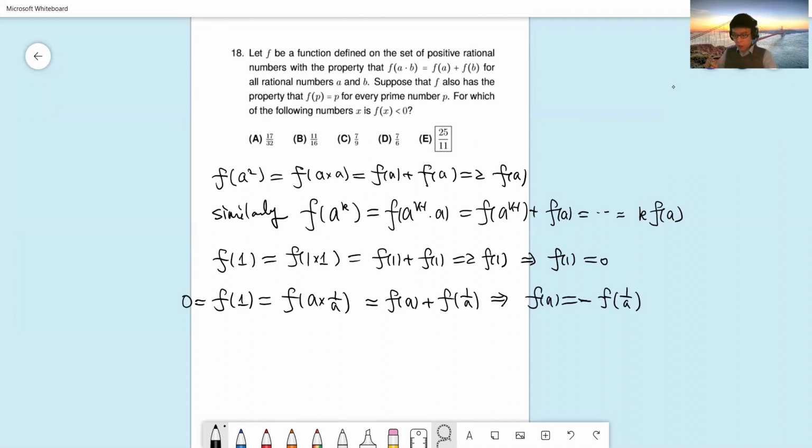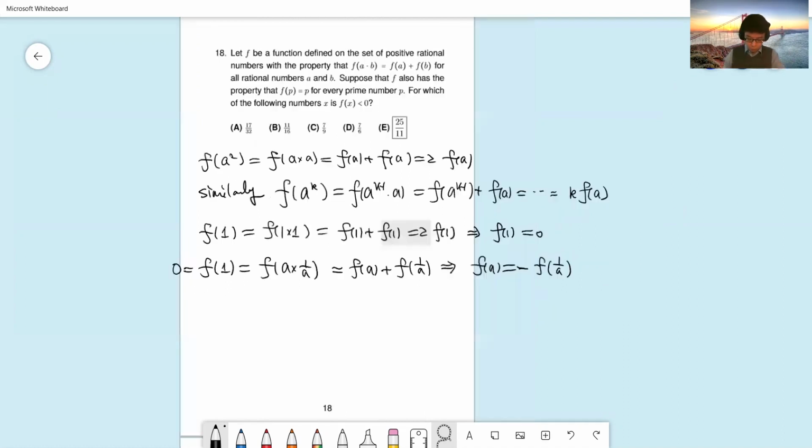So based on these relations, we can simplify each expression in the choices. Let's see, we have f(17 over 32). So this is f(17) plus f(1 over 32). This equals 17 minus f(32) because f(a) equals negative f(1 over a).